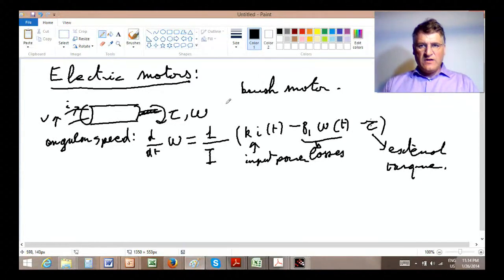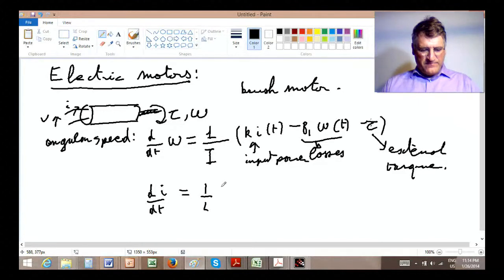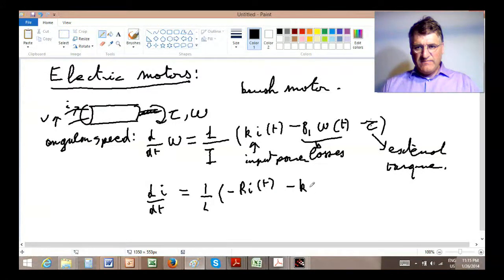The second equation that drives the motor is about the intensity. d/dt of intensity is equal to one over L times minus Ri of t minus Kb omega t plus V of t.